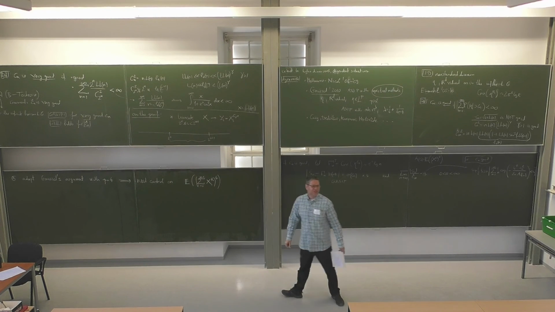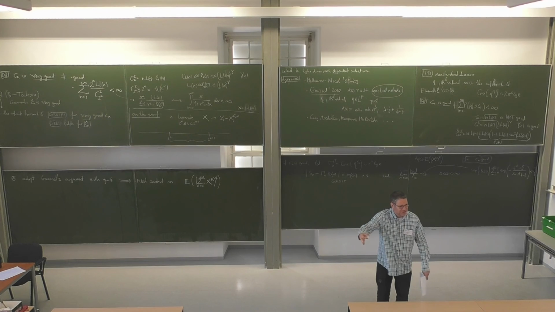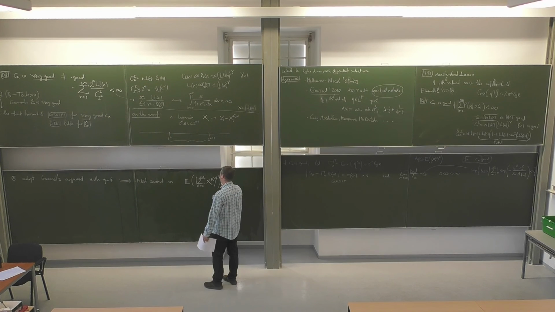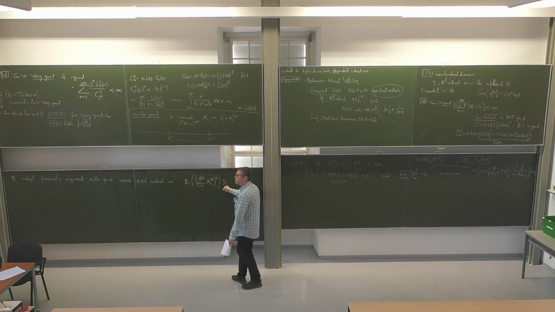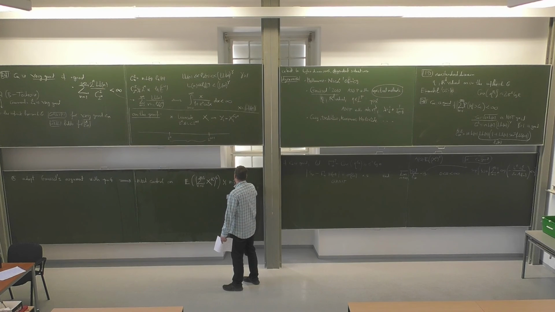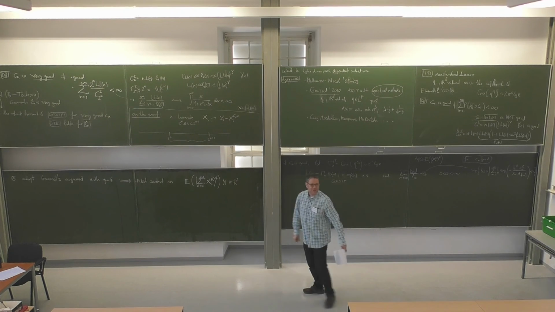Okay, so how does this fourth moment behave? What we get is that we can control it, up to constants, as m times r squared.